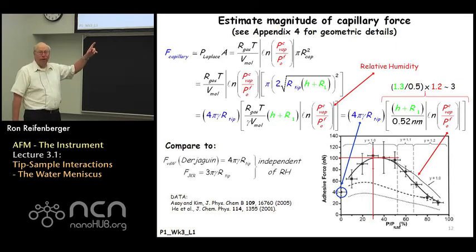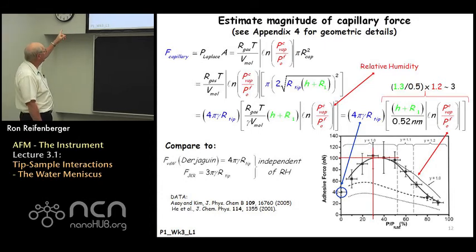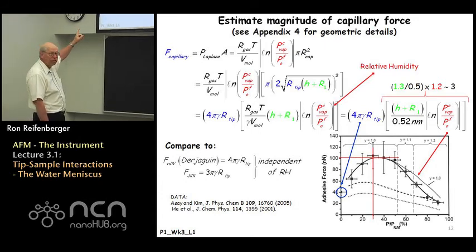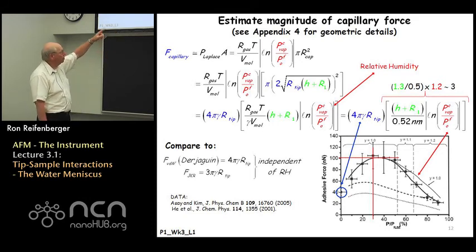Of course, if you compare this to the results that we've already discussed in prior lectures, I've got the adhesive force due to the Deryagin approximation. I've also got the adhesive force due to the JKR approximation. These are numbers, and these numbers are independent of relative humidity. They clearly do not match the trends that the experimental data shows.